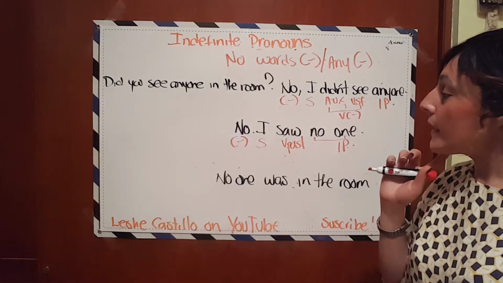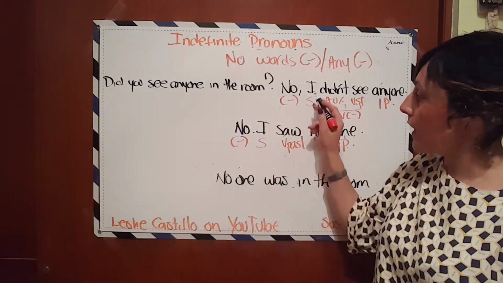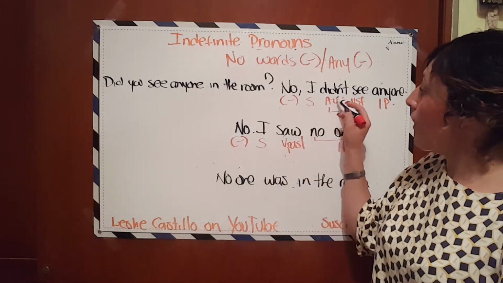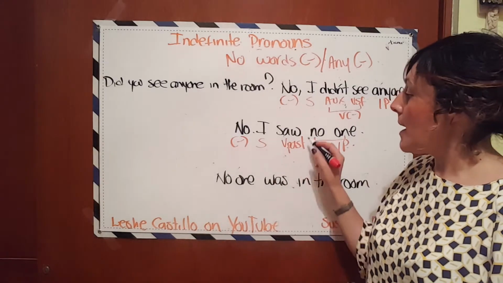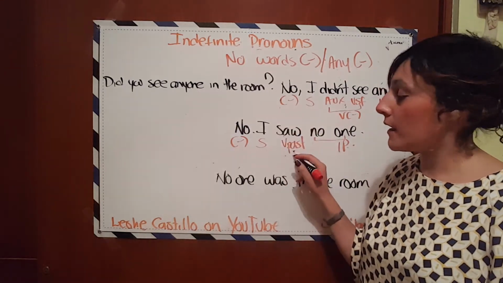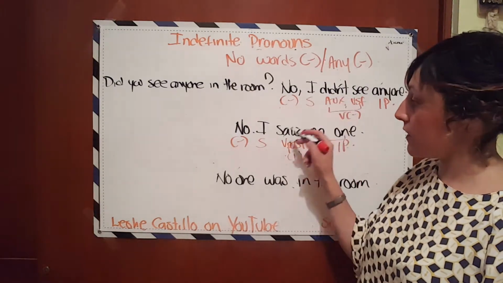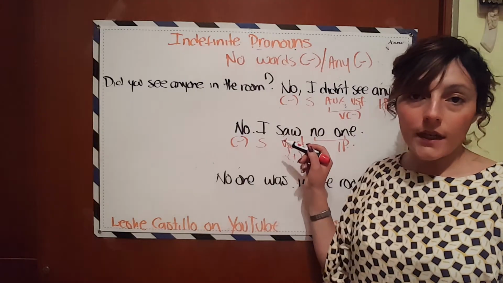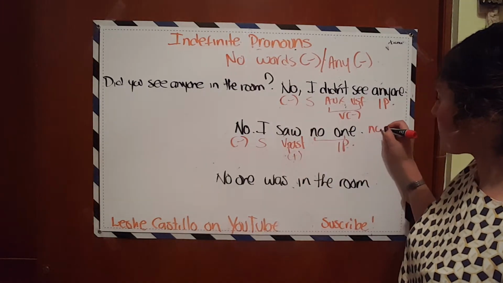Okay? Then, in the second answer, I also have a negative. I use the subject, but look, do I use an auxiliary negative? No. My verb is in affirmative. In this case, it's in past, but it's not negative, right? If I use the verb in affirmative, then I use a no word.